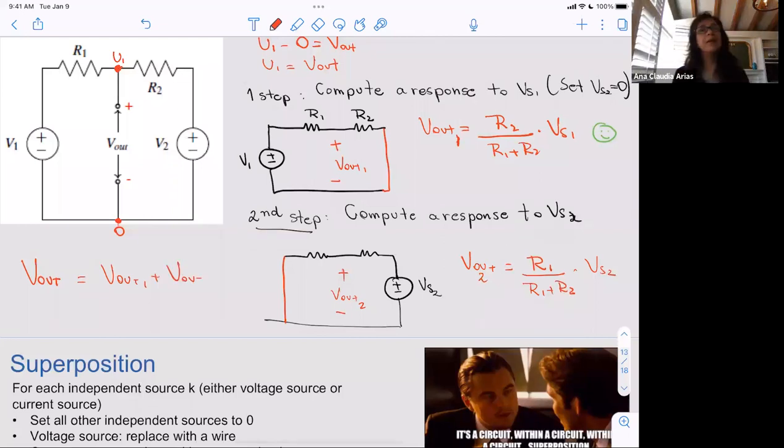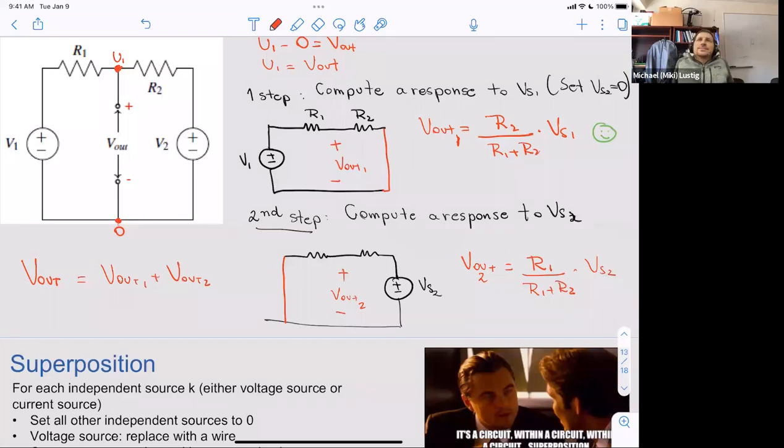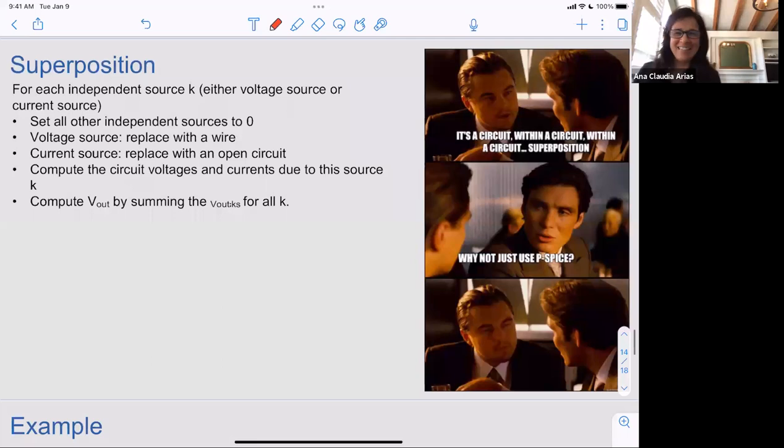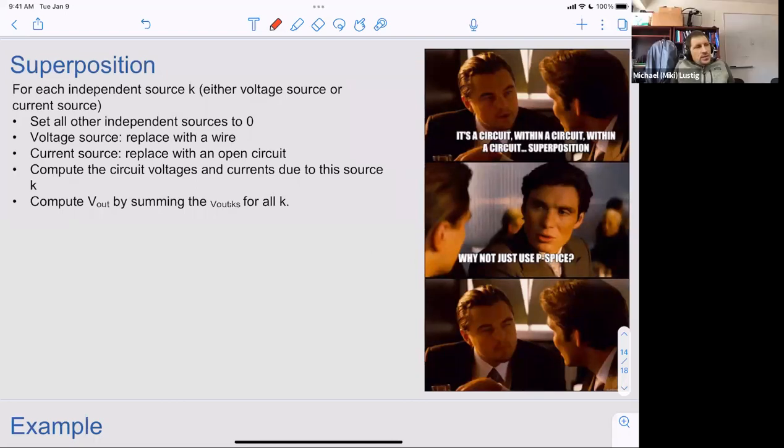Superposition, okay? We got to all this. Isn't linearity wonderful? It's amazing. I think it's amazing. I'm so glad I am going through this again after so many years of not doing this, a circuit within a circuit and a circuit and a circuit.